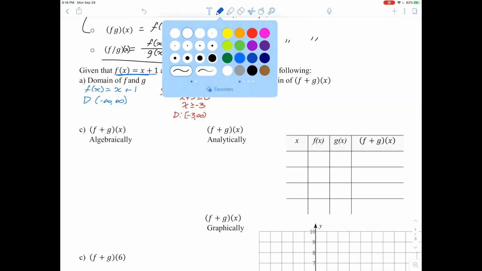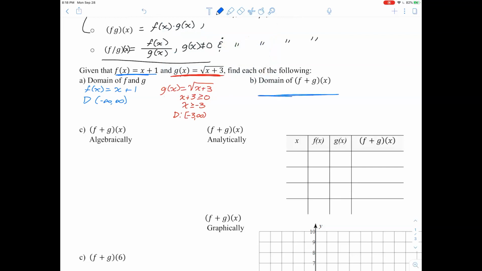So here's the domain of f of x. It's the entire number line, right? And then here's the domain of, I'm going to put a negative 3 right here, the domain of your g of x, and it goes like that. And so the domain of f of x plus g of x is that space here where the two domains overlap.